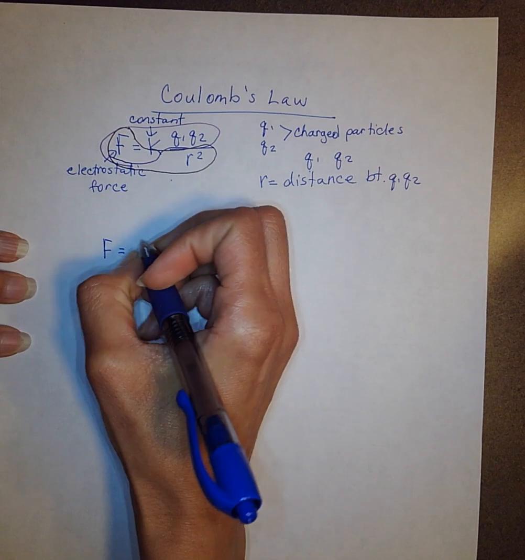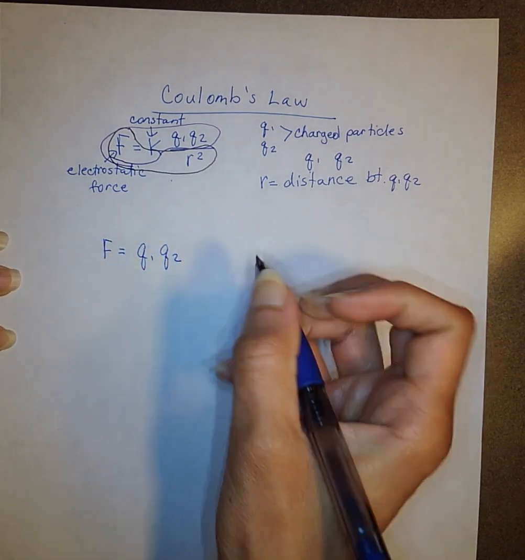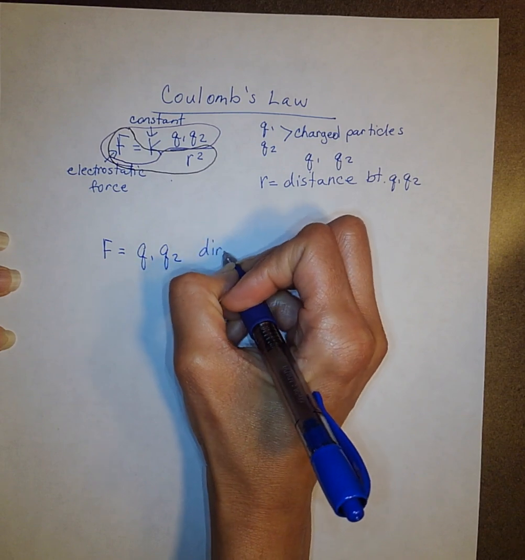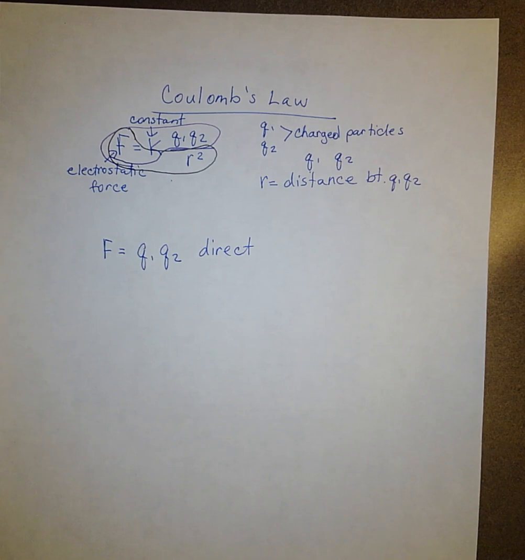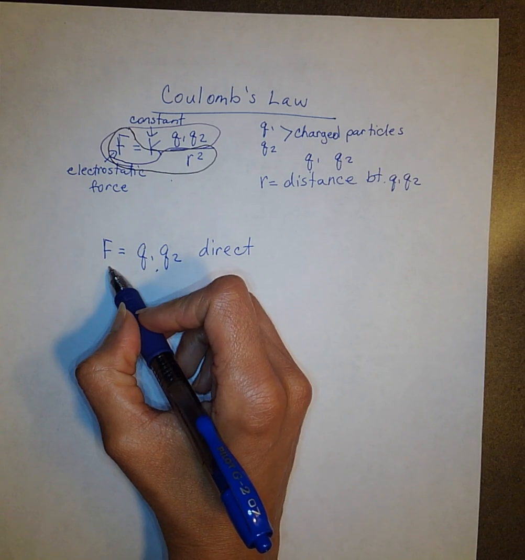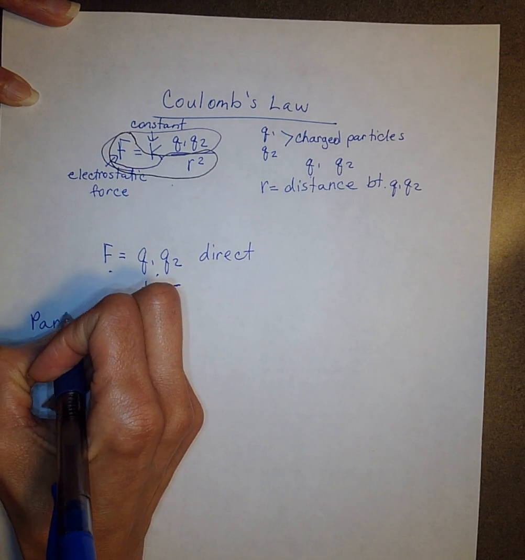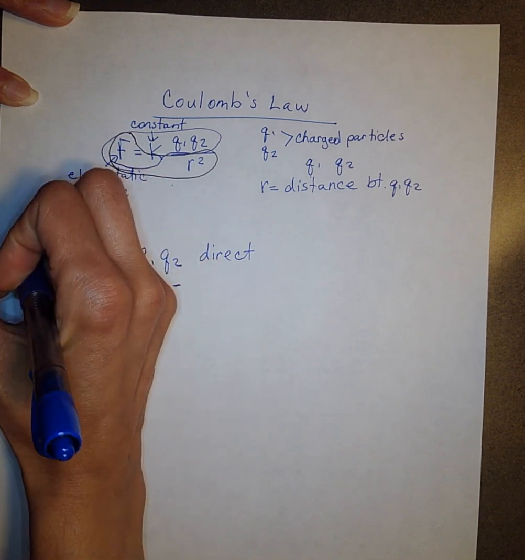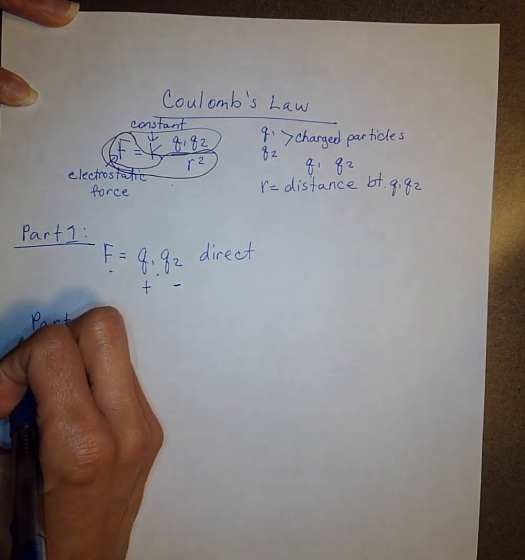So if you have force is equal to Q1 Q2, notice that this is a direct relationship, okay? It is a direct relationship. That is to say, the greater the charge, the greater the force will be. So part 2 of Coulomb's law, and I'll just write part 2. And this is, of course, part 1.